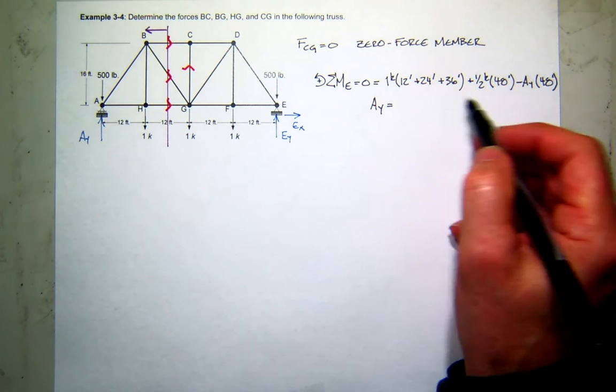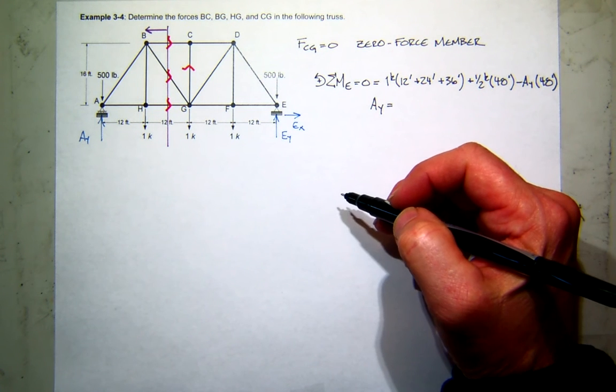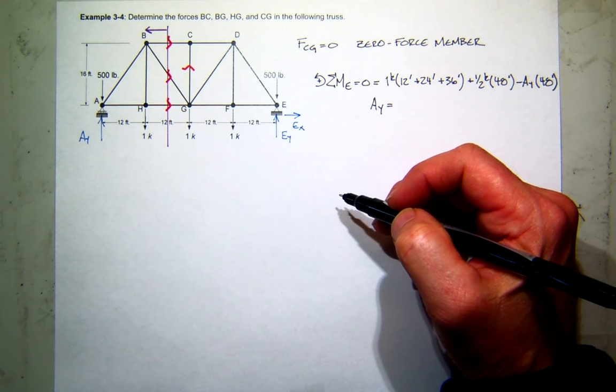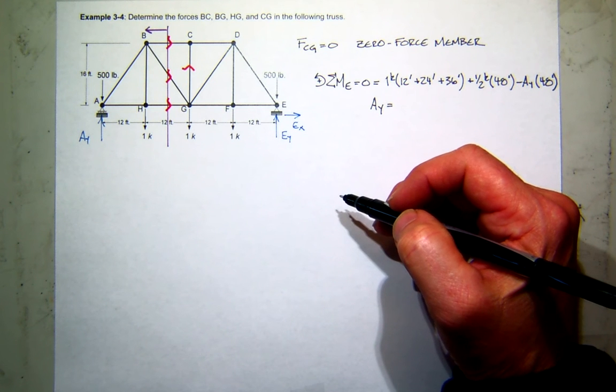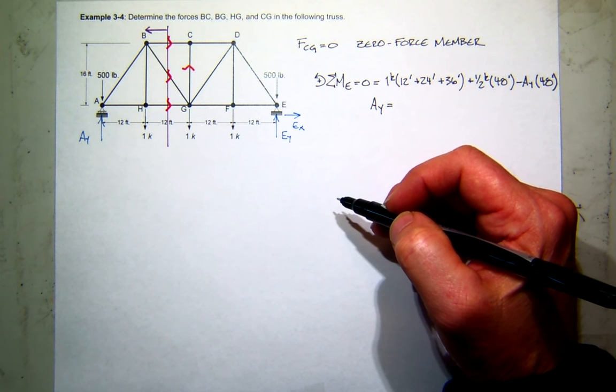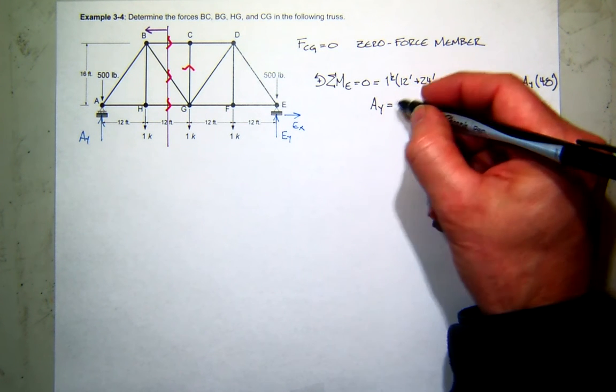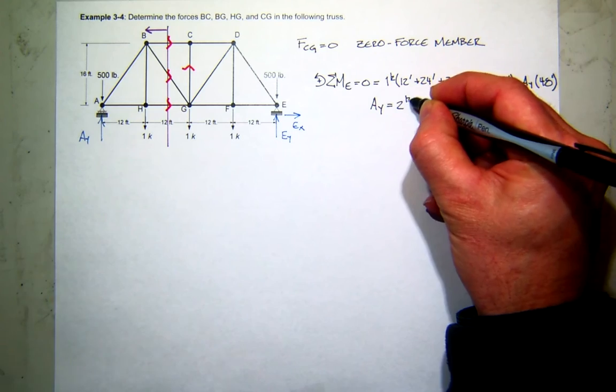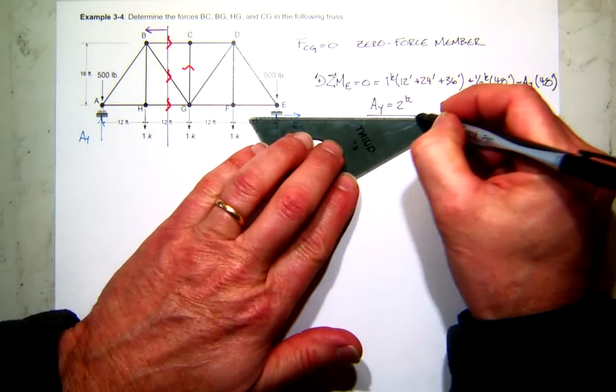But you want to check the numbers. Is it 2? Yeah, 2 kips. They came out positive. So I'm done with that.